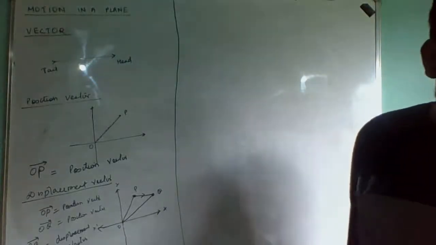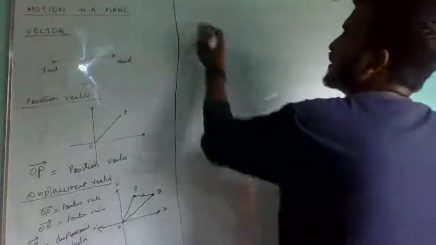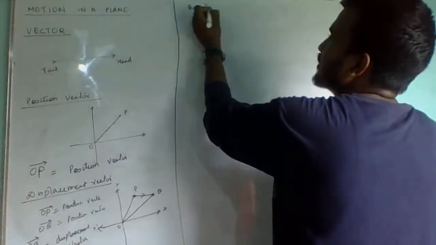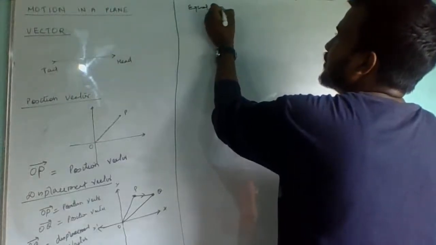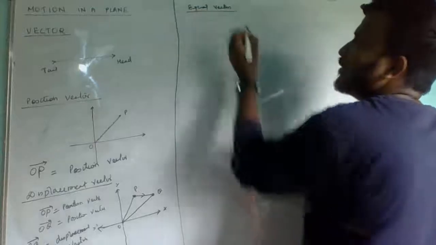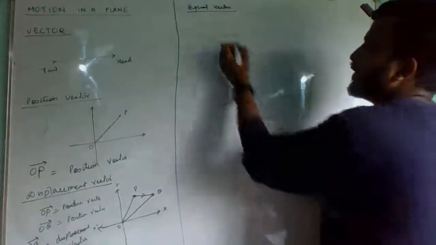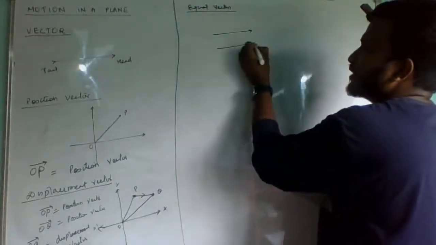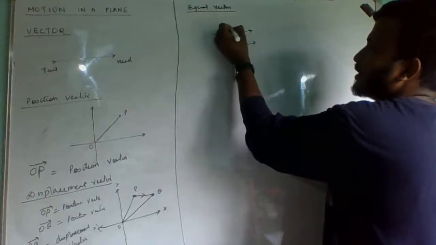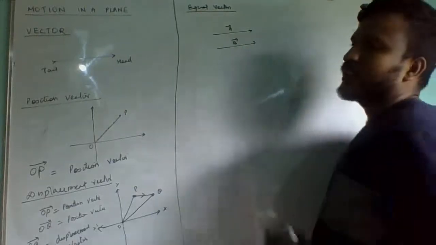Now let us see some more types of vectors. Equal vectors. What is the meaning of equal vectors? Two vectors: this is A vector and this one is B vector.